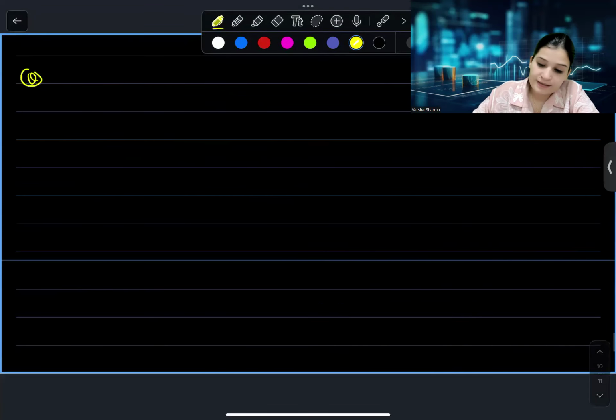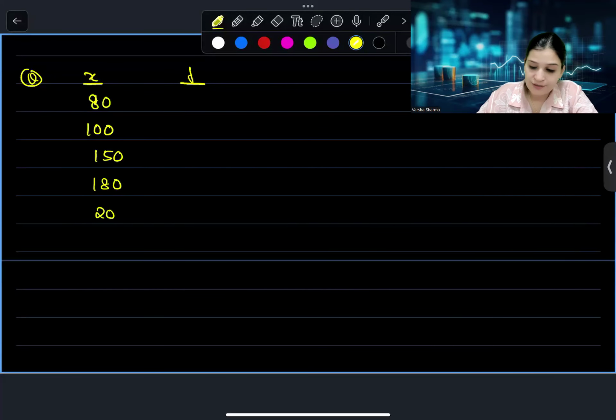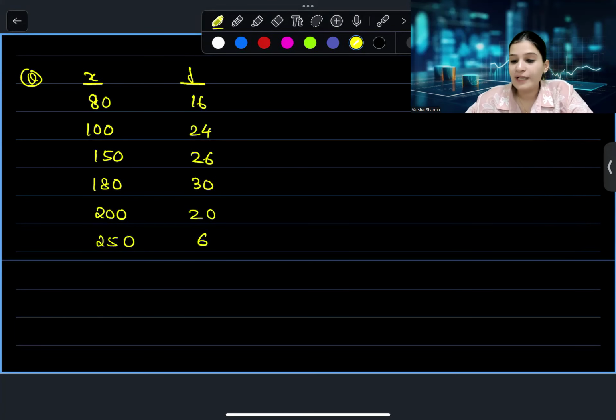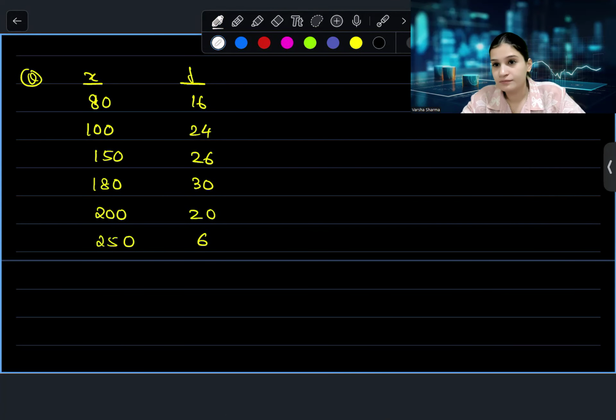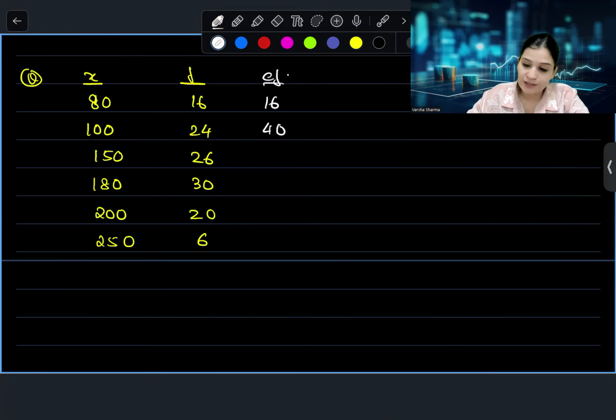In the discrete series, x and f: 80, 100, 150, 180, 200, 250. Frequency 16, 24, 26, 30, 24, 6. Now to calculate median from here, what do we need? CF: 16, 40, 66, 96, 120, 126.